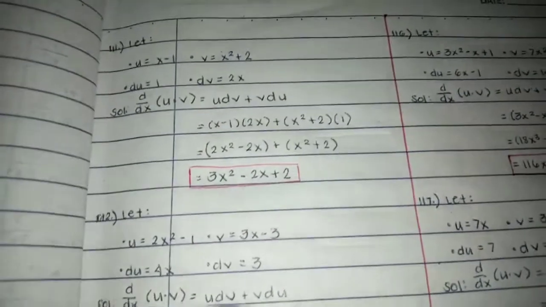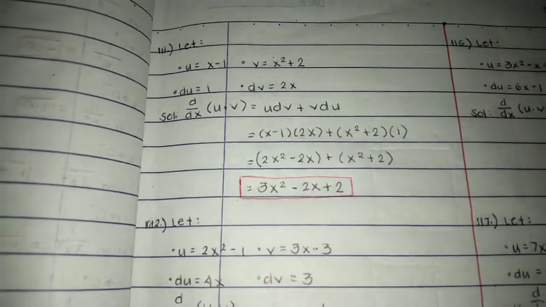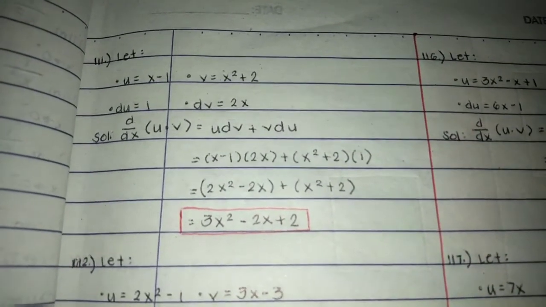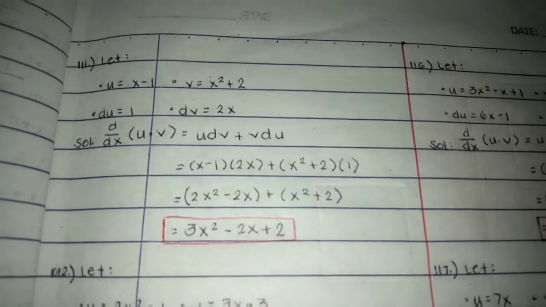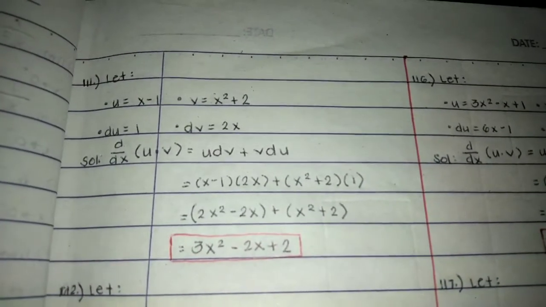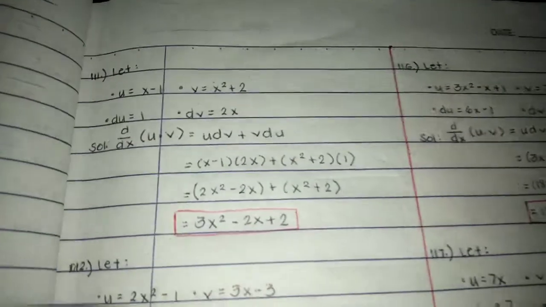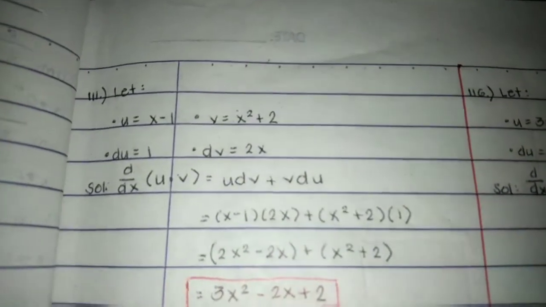So the next lesson is all about the derivative, but this time with a specific category, which is the product rule. So first example: find the derivative of the quantity x minus 1 times the quantity x squared plus 2. First things first, let us determine the values through the process of letting.